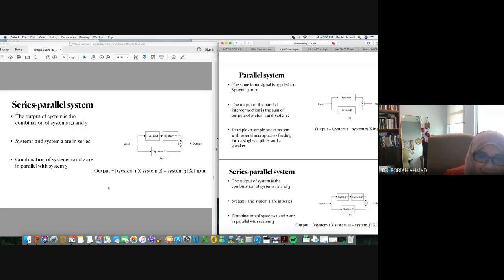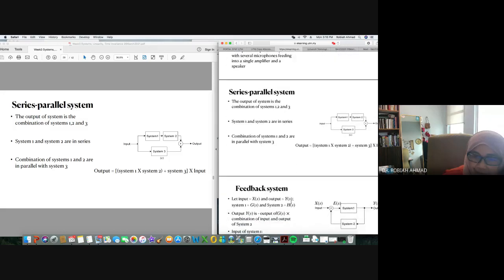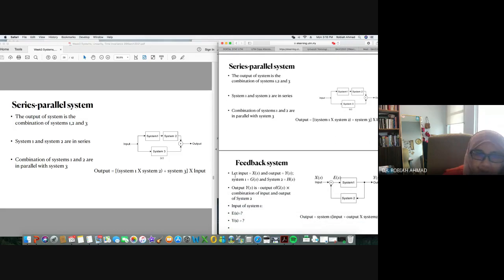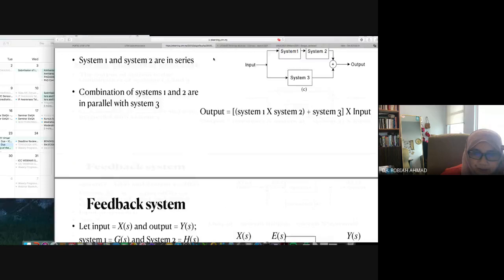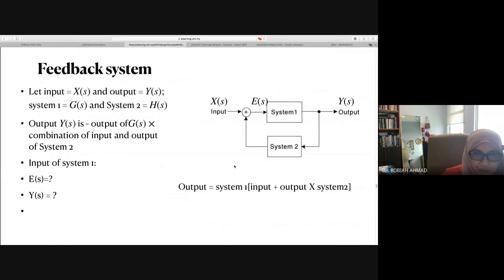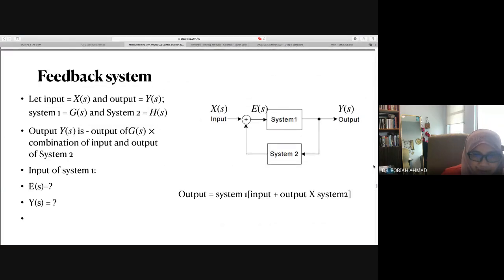And then finally, sayang ni saya dah ada jawapan. Saya nak you all tengok. So what about the final one, the feedback system? How do you describe the equation?